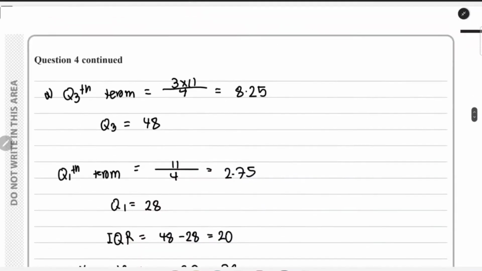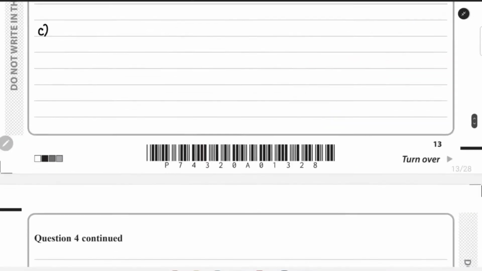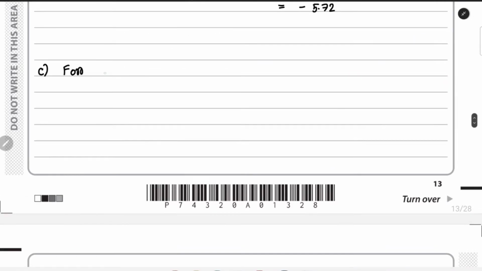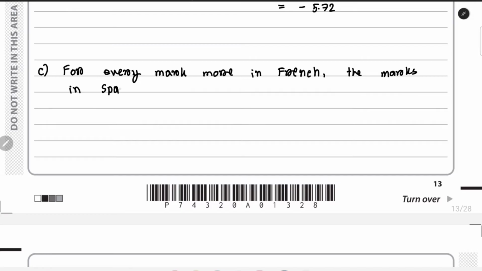This is what the gradient says. We can write this as the answer.